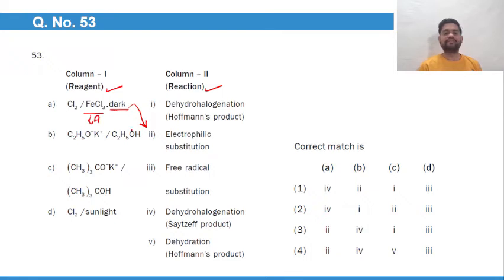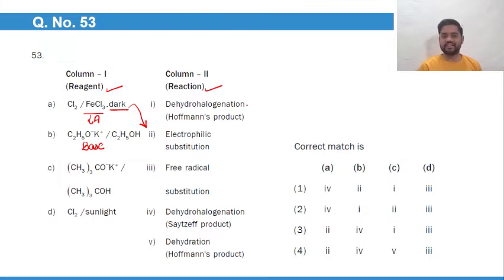Alkoxide in the presence of alcohol will be acting as a base. Since it is acting as a base, it will undergo elimination, and since the base is less bulky, it will undergo elimination, that is dehydrohalogenation, to be very specific, an elimination reaction, and it will give you the Saytzeff product. So dehydrohalogenation, no, that is Hofmann's product.